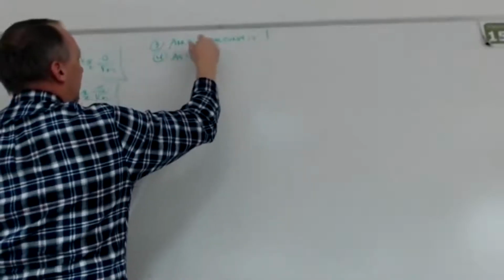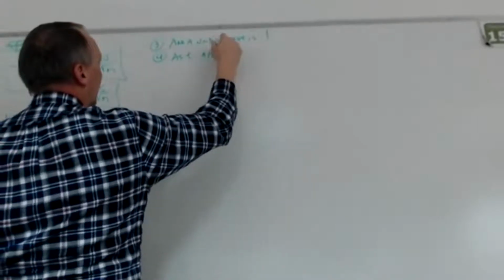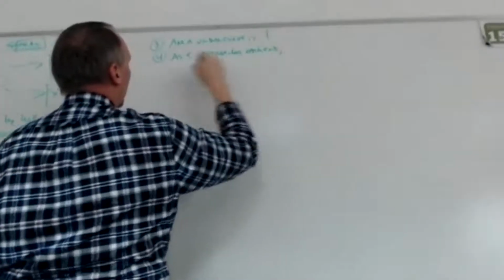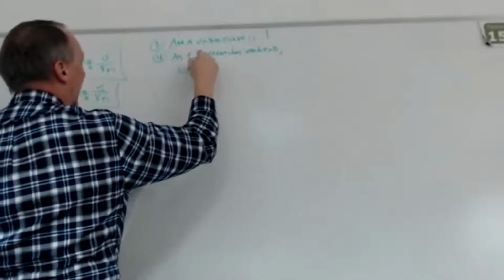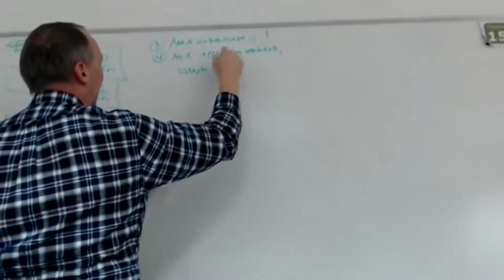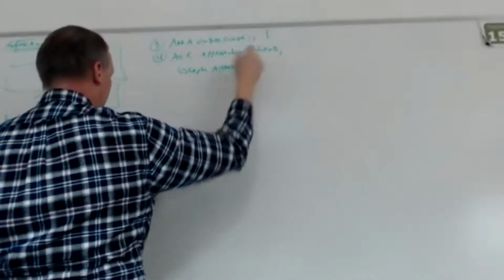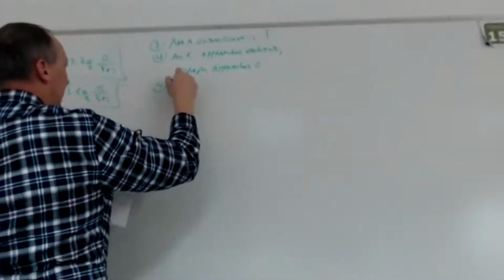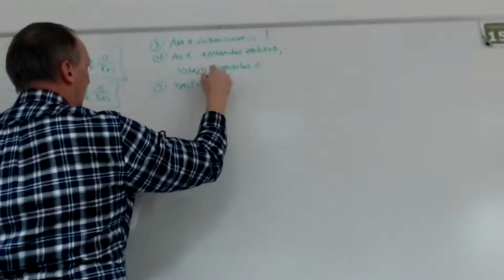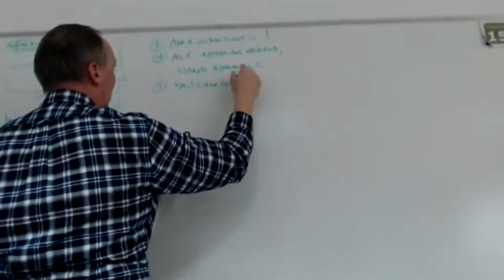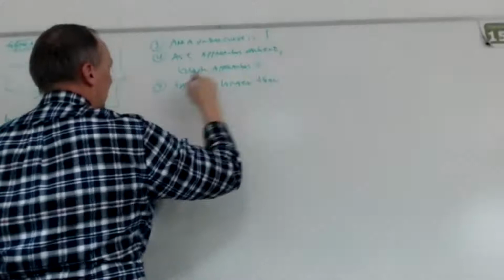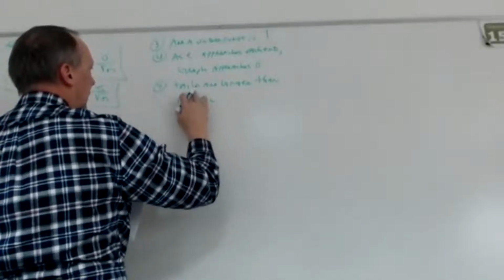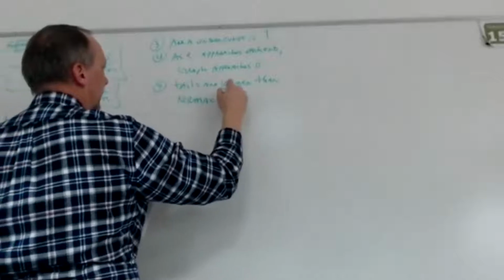Number 4, as t approaches each end, the graph approaches 0. Number 5, the tails are larger than the normal distribution.